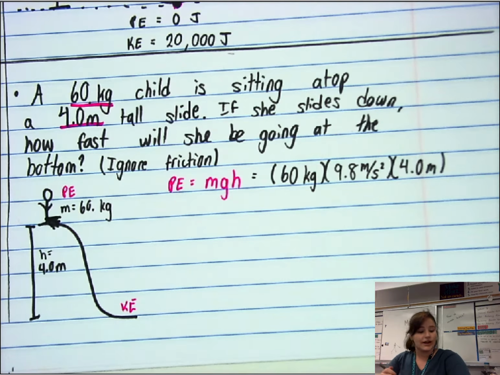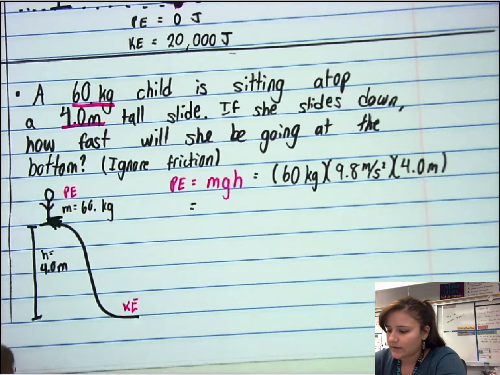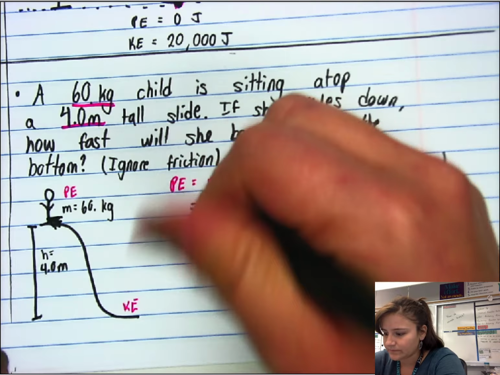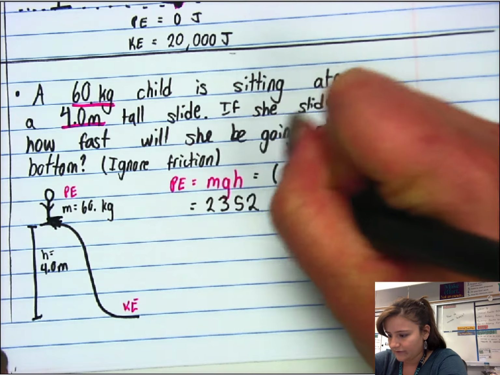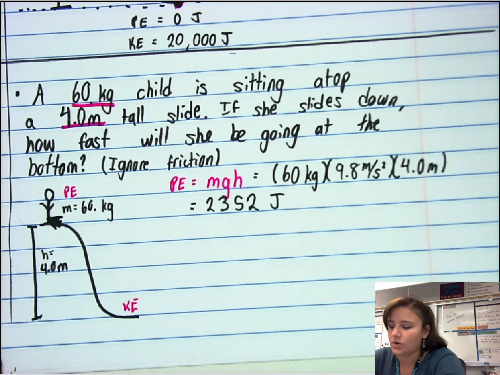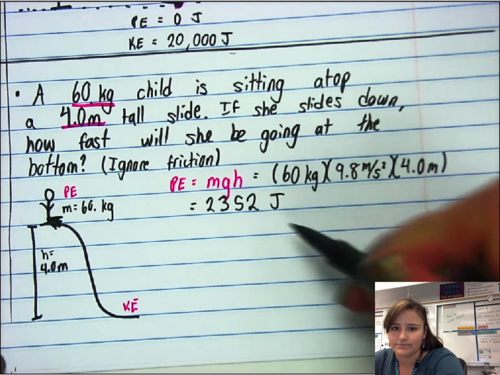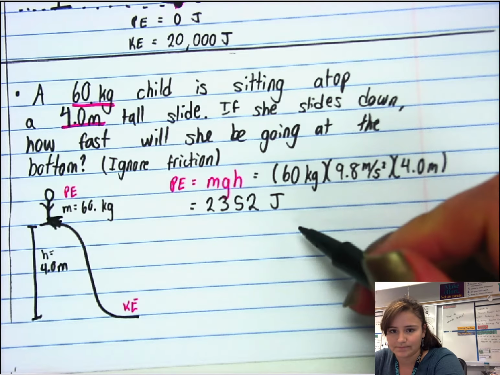Go ahead and plug this into your calculator and tell me what you get. Okay, so I got that her potential energy is 2,352 joules, or kilogram meter squared per second squared, which we can just round to joules.